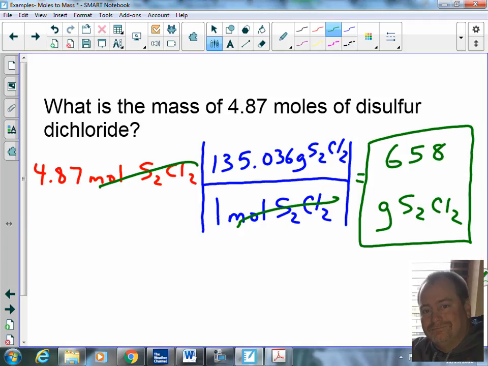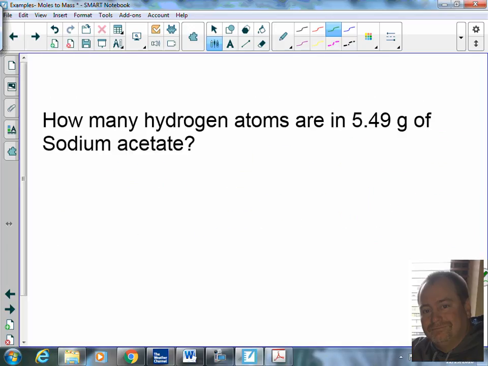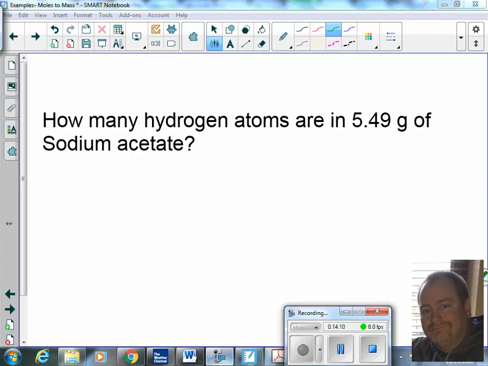Thumbs up? What I would like for you to do is write down this question, and after you're done writing down this question, find the molar mass of sodium acetate.